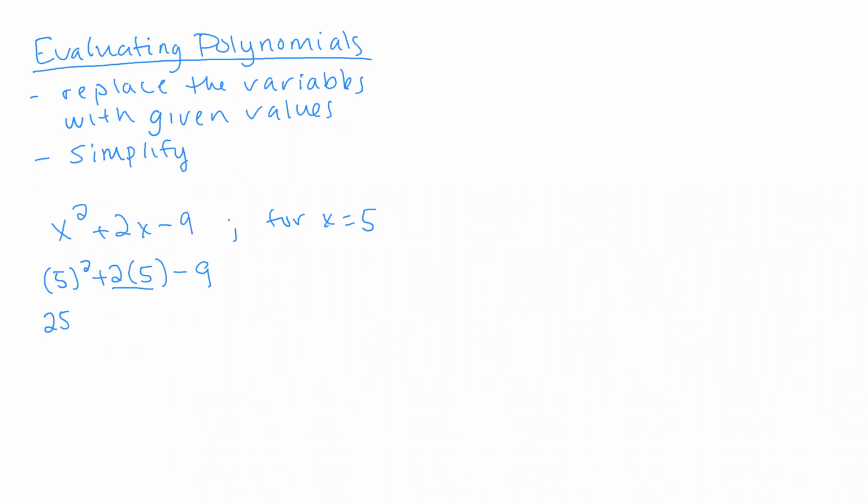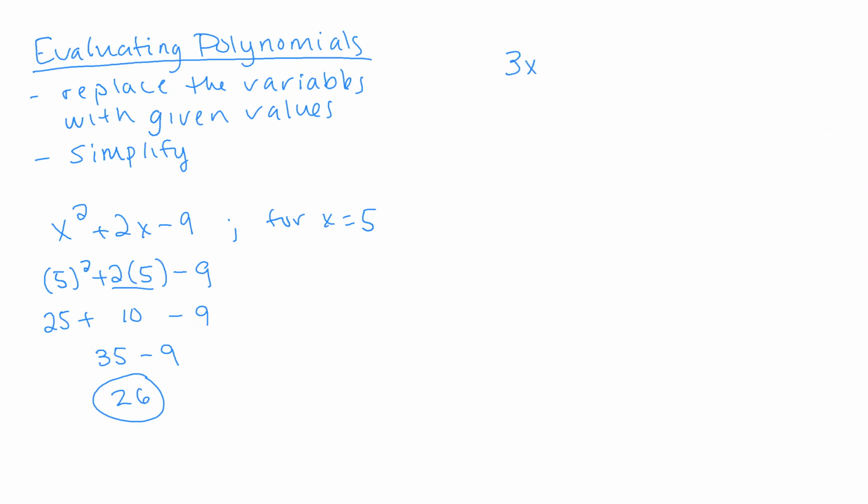We can go ahead and look at 2 times 5, which is 10. Then we subtract 9. Well, 25 plus 10 is 35. 35 minus 9 is 26. So if we were to evaluate x squared plus 2x minus 9 for x equals 5, we should just get 26. So I say we look at maybe 2 or 3 more examples, then we'll look at simplifying.